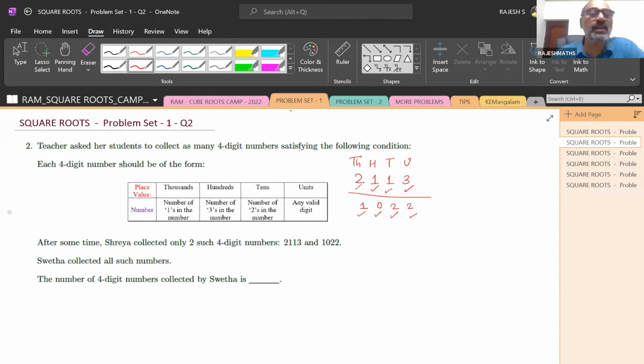Now let me go after how to do this kind of problem. First of all, how to track it and how to get all the numbers. So even like the rabbit problem, the most important thing is you need to have a good start. Let's concentrate on the thousands place. It cannot start with 0, right?